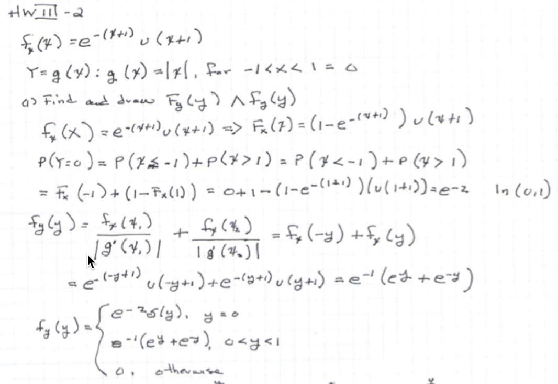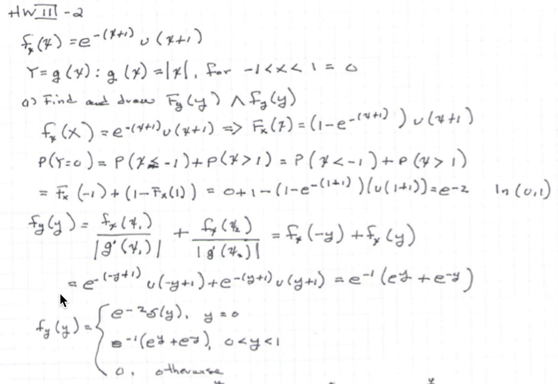Okay, consequently, the new distribution function for y is determined by the equation f of y equals the sum of f of x at the two points x1 and x2 over the first derivative at x1 and x2, as described in the equation, and it yields f of x of minus y plus f of x of y.